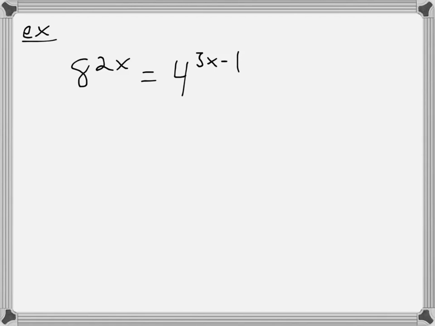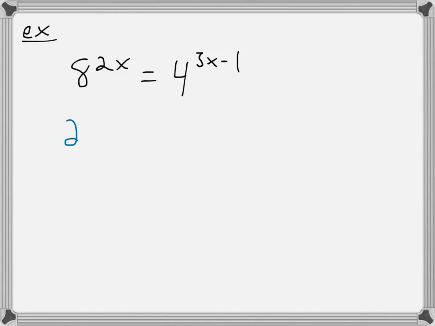Too bad. Okay, so step number 1 is I look at those two numbers and I try to see, is there a common base I could use between the two? And be careful, I don't want to use 4. What's the best base I could use in this case? Good, 2.